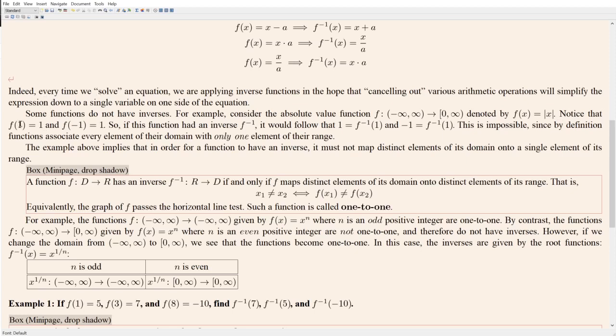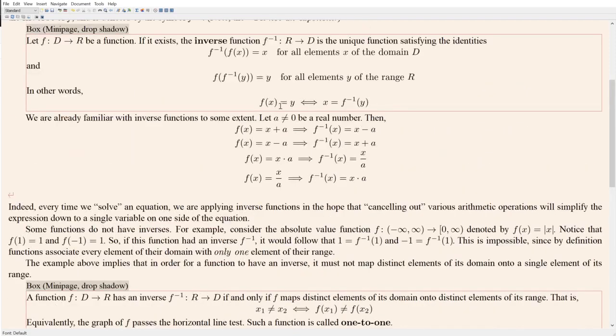Now notice that the absolute value of 1 is 1, and the absolute value of negative 1 is also 1. Suppose for a moment that the absolute value function had an inverse. Call it f inverse. Well, it would follow then, because of this equivalence here, that if f of 1 is equal to 1, then 1 is equal to f inverse of 1.